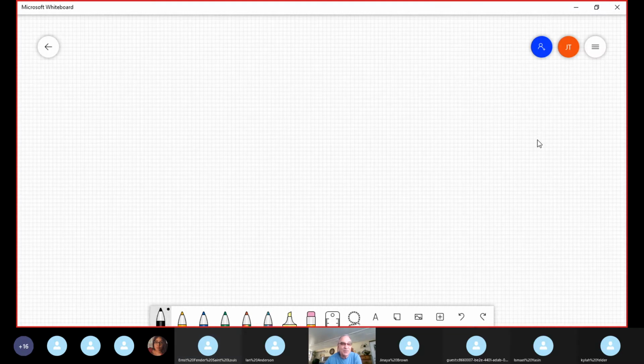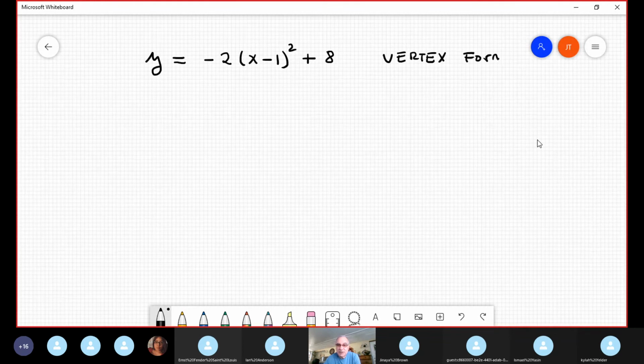Repetition of example 1 again. y is equal to -2(x minus 1) squared plus 8. So you realize immediately that I expressed it in vertex form, not standard form, because you compare in your mind with a(x minus h) squared plus k.